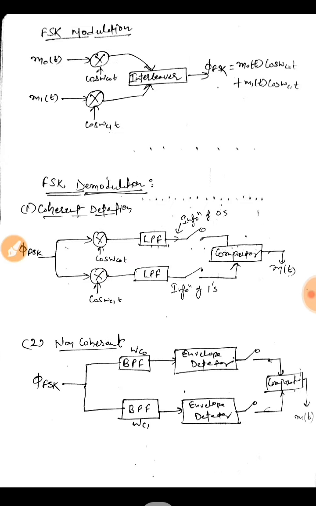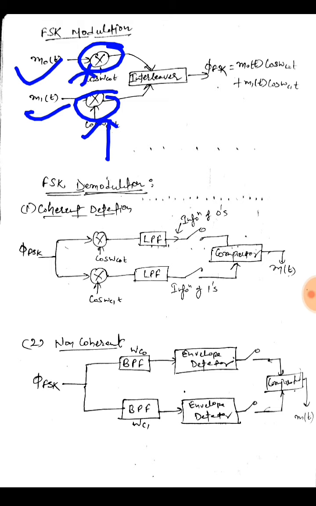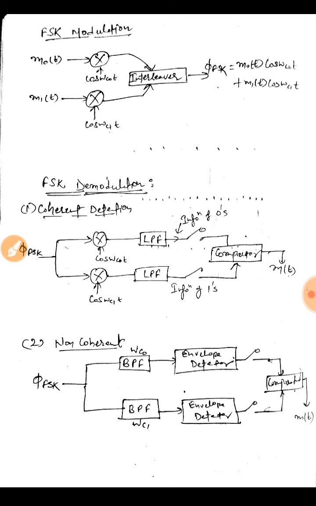Okay, now let's see the frequency shift keying modulation. In this we use two signals, one for bit 0 and one for bit 1, and two multipliers, and we will multiply the carrier frequency generated by a local oscillator in both the cases, and this is an interleaver or a comparator.